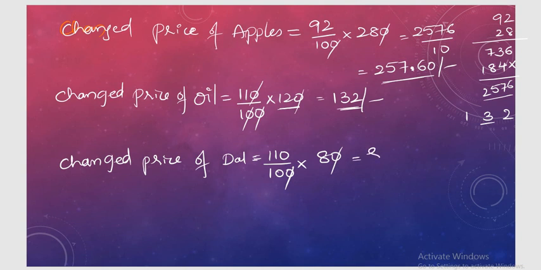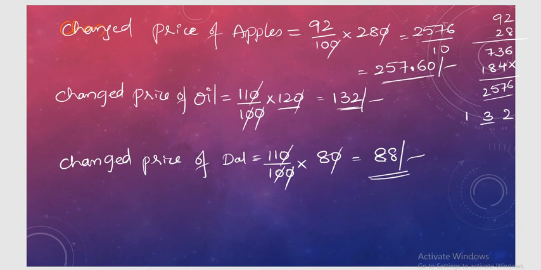What am I going to get? 11 8s are 88. So directly I can write it as 88. Originally it was 80 rupees, but it has changed to 88 rupees.